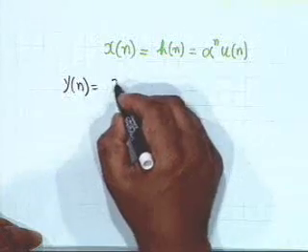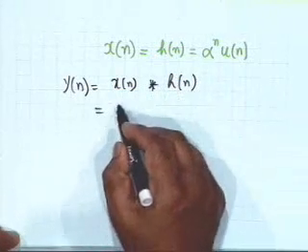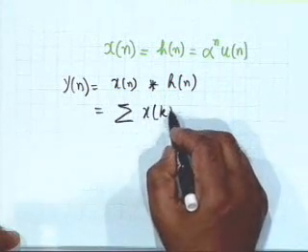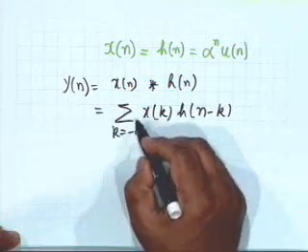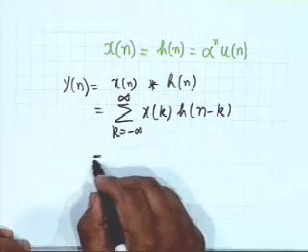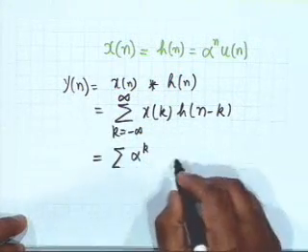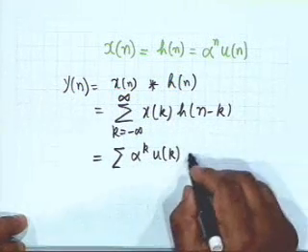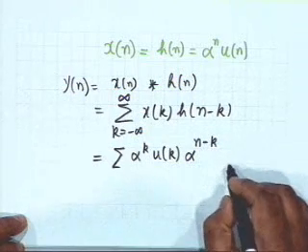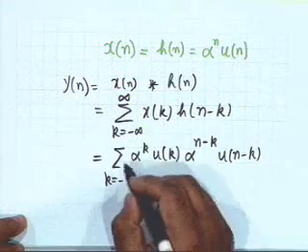That is, y of n is x of n convolved with h of n, and this is summation x of k h of n minus k, k equals minus infinity to plus infinity. Now you substitute. x of k is alpha to the k u of k, and h of n minus k is alpha to the n minus k u of n minus k.